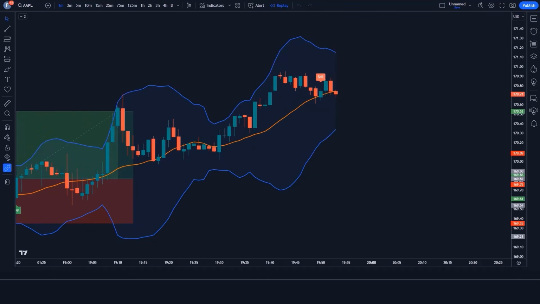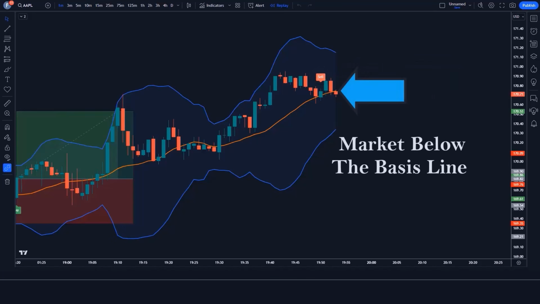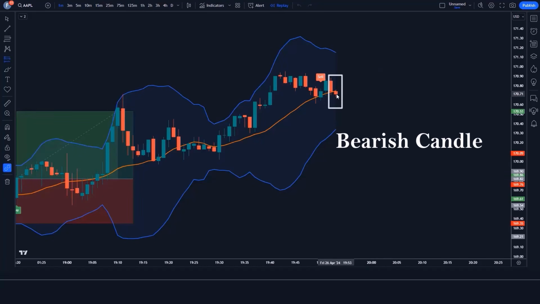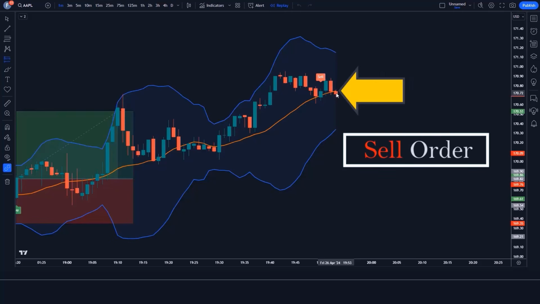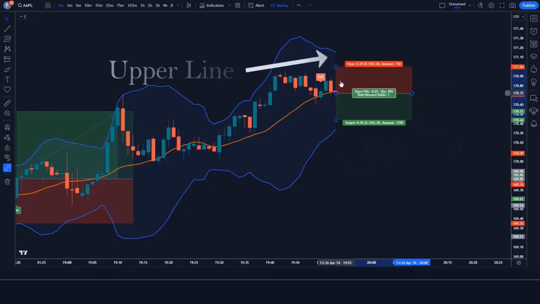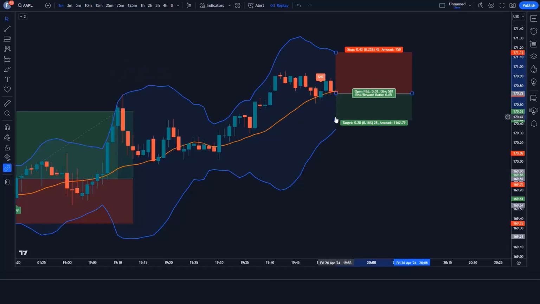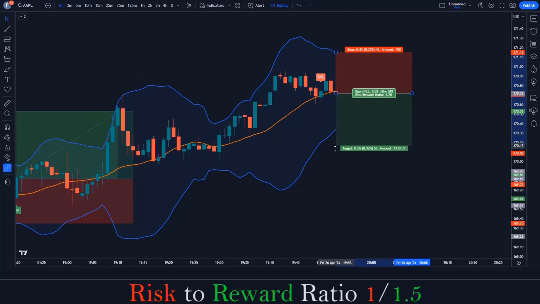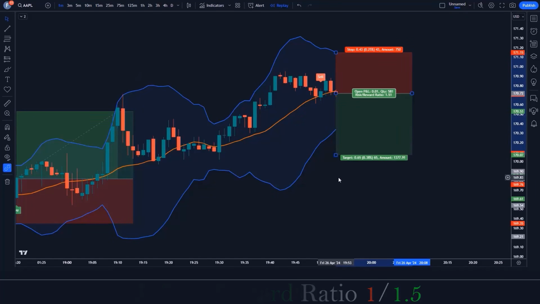We have got the signal. Here the MACD ADX indicator gives us a sell signal. Here the market is below the scalper basis line. Here the market has made a bearish candle to give confirmation. So all our conditions are being fulfilled, so we are placing an order to sell. Our stop loss is to be placed above the scalper blue line. And the risk to reward ratio will be 1:1.5.